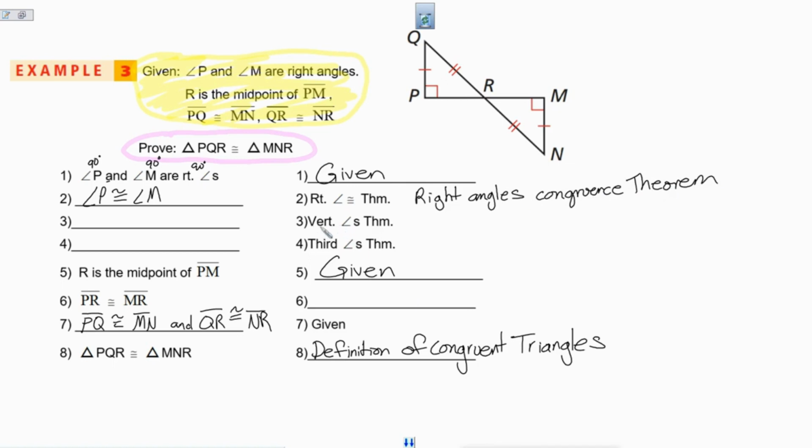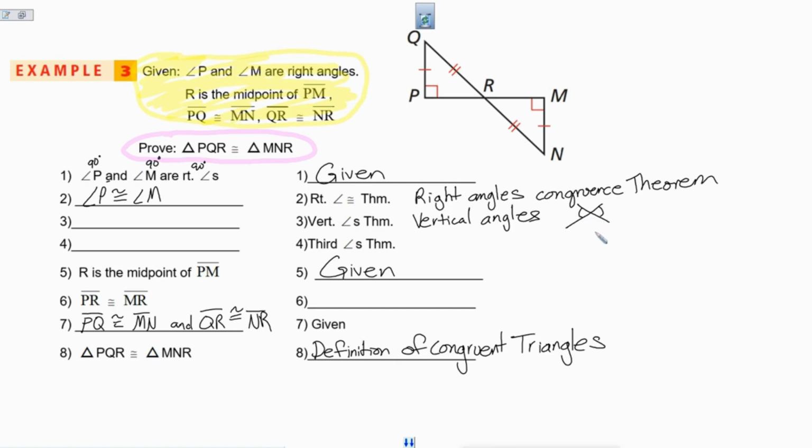Next up, we're looking for vertical angles. Now, do you remember what vertical angles are? Vertical angles, remember, are formed by two intersecting lines, and they're across from each other. So we need two angles in our triangles that look like that.